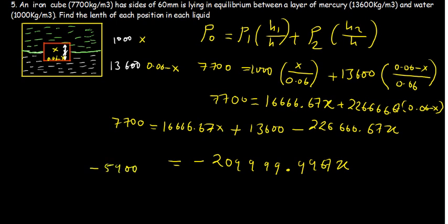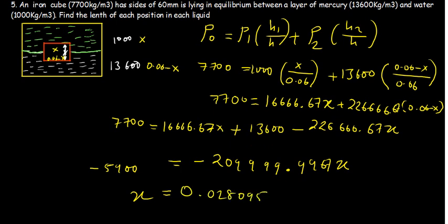To remain with x, we divide both sides by this term. So x is going to be equal to 5900 divided by 209,999.9967. That is going to give us 0.028095.